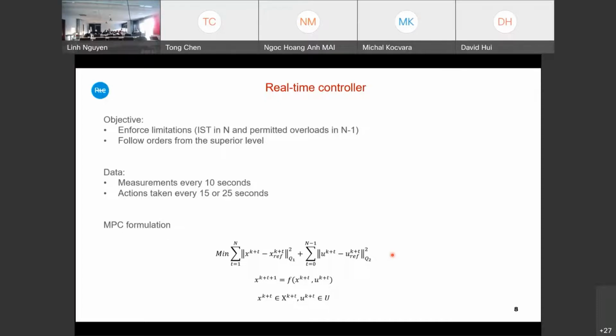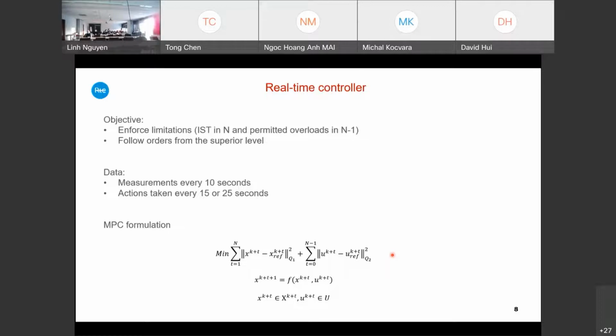The only forecast we have, basically, is the fact that if we send an order to a wind farm to switch off, if we sent this order 20 seconds ago, and if it takes 45 seconds, then in 25 seconds it will really be at zero. That's the only forecast we have. And also, in this model predictive control framework, we have an optimization for, let's say, 60 or 120 seconds.